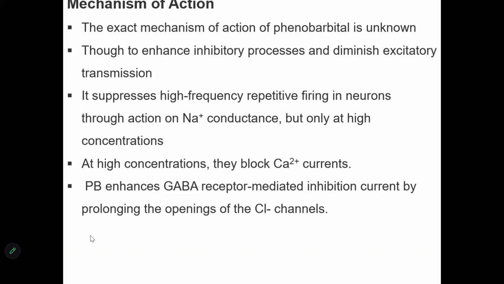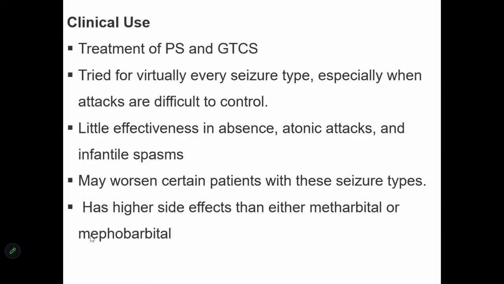So it enhances GABA receptor mediated inhibition by prolonging the opening of the potassium channels, or not potassium, but chloride channels. Because of its main activity at the synaptic cleft, phenobarbital is largely used in the treatment of generalized tonic-clonic seizures, mainly generalized tonic-clonic seizures, especially the idiopathic types. But again, it has some activity on partial seizures.